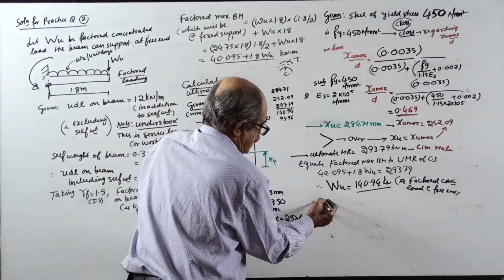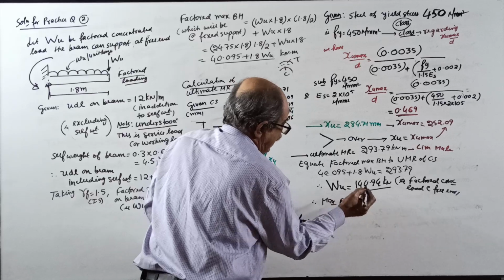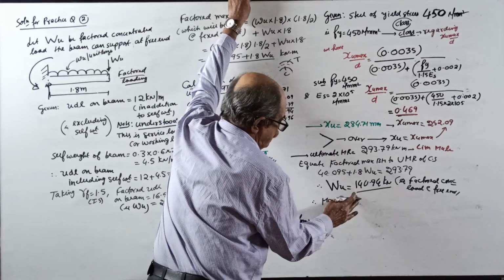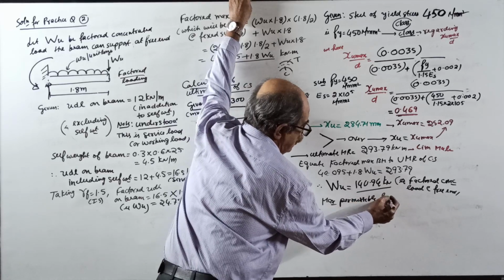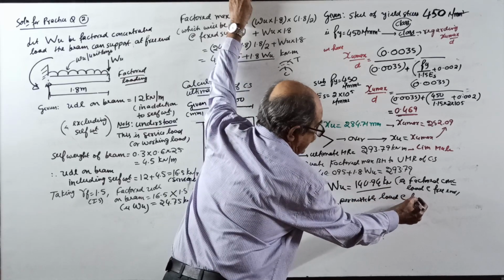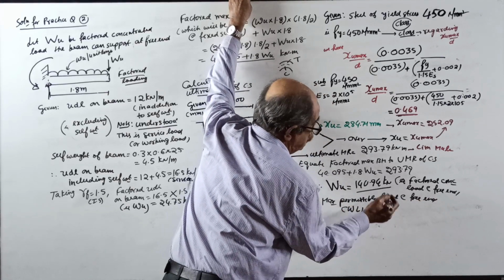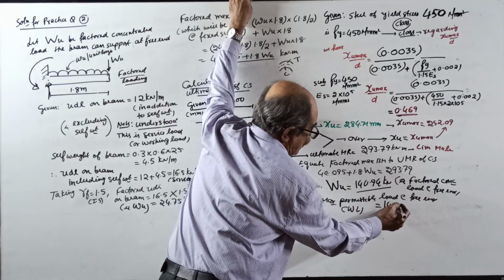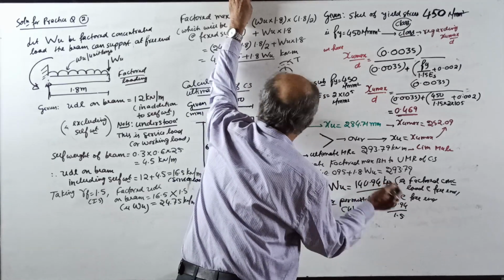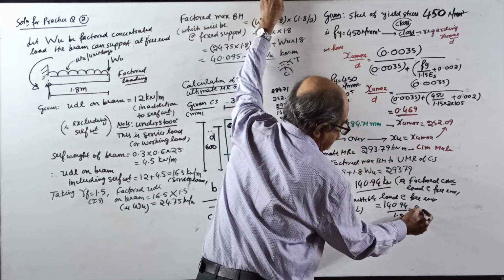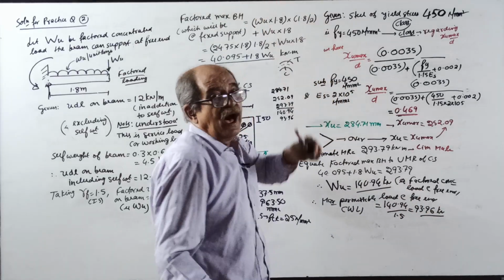Therefore, the maximum permissible load at free end, that is the working load, equals 140.94. Remember, you have to divide by 1.5, which gives 93.96 kilonewton.